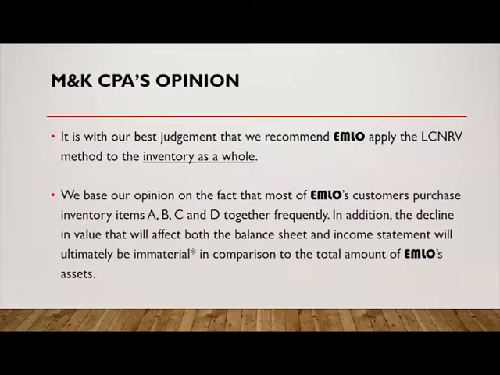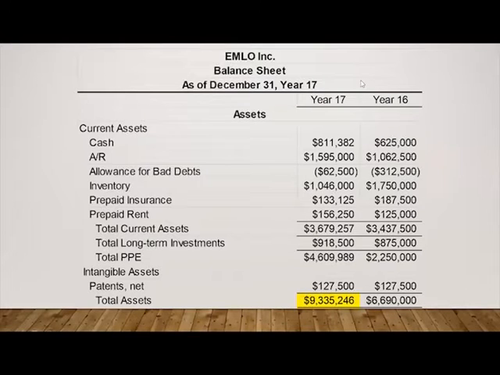We base our opinion on the fact that most of EMLO's customers purchase items A, B, C, and D together frequently. In addition to this, the decline in value that will affect both the balance sheet and the income statement will ultimately be immaterial in comparison to the total amount of EMLO's assets. Here's an excerpt from EMLO's balance sheet.